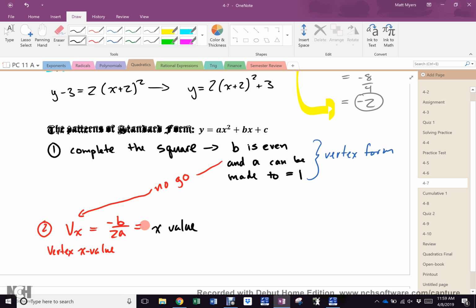Not the x-axis. Anywhere there's an x in the equation, I can put that, can't I? Is that an x? Is that an x? So once I put those in, that's going to help me find y, isn't it? So an x value for subbing back in.